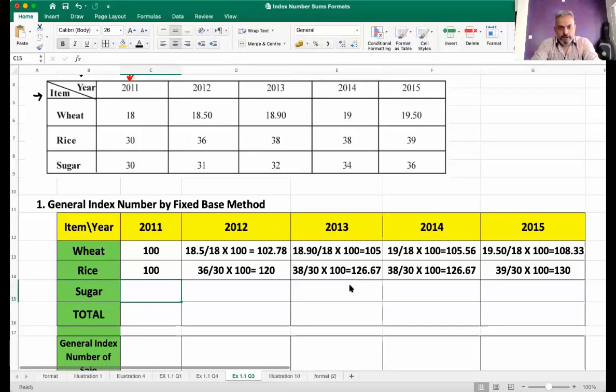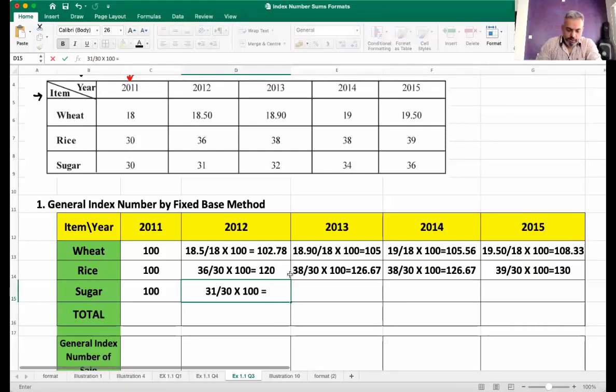Now we go to sugar. Again 100, base is this 30. So 31 divided by 30 into 100 is equal to 103.33. Then 32 divided by 30 into 100 is equal to 106.67.